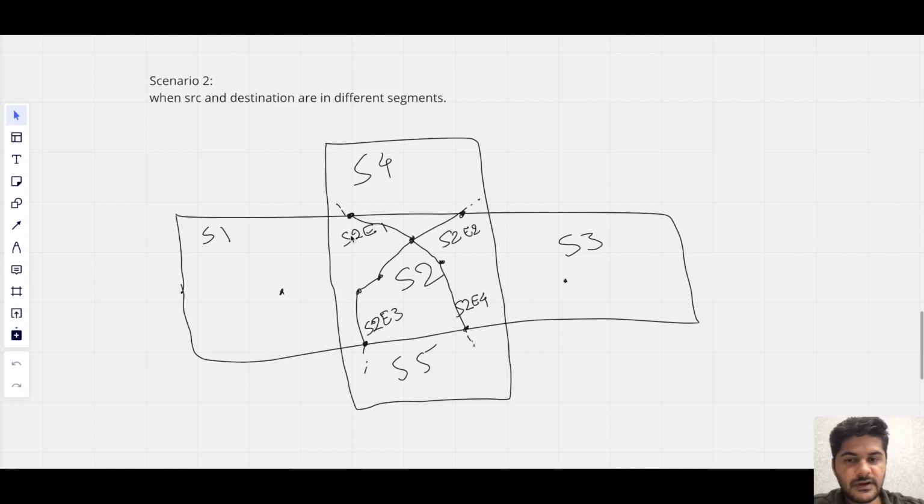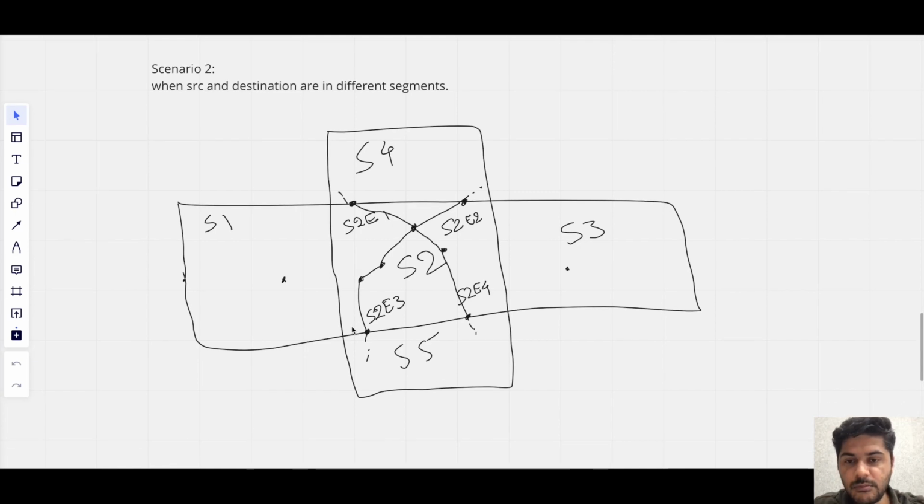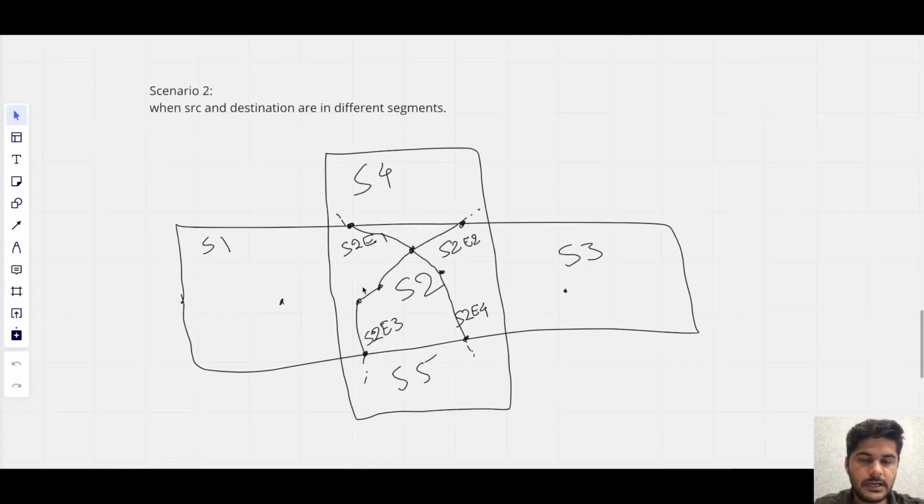So if I need to go from here to here, then how to find? In one segment I was saying that we already ran the algorithm and we stored it and we served it, and even in runtime we can do that because it will not be very slow. But what to do in this scenario?